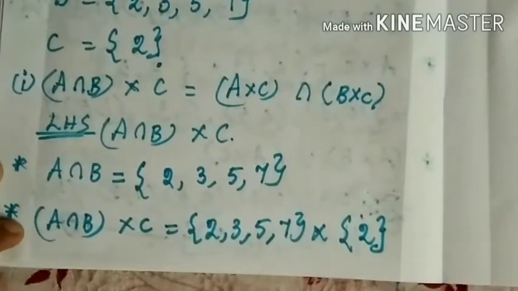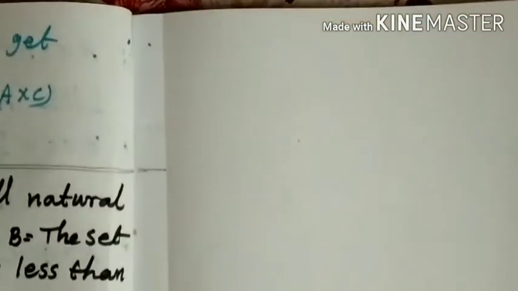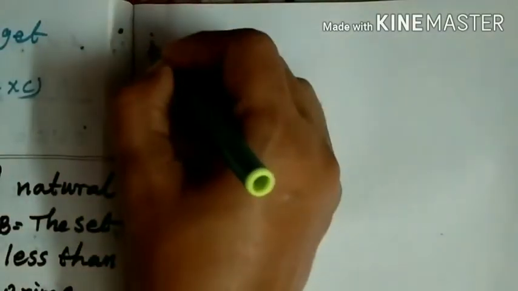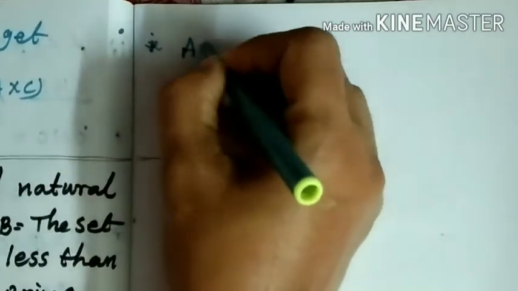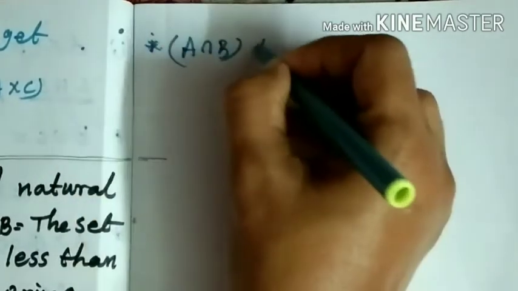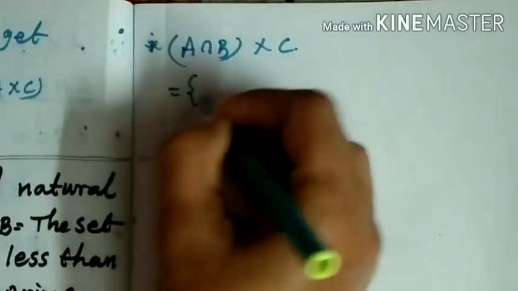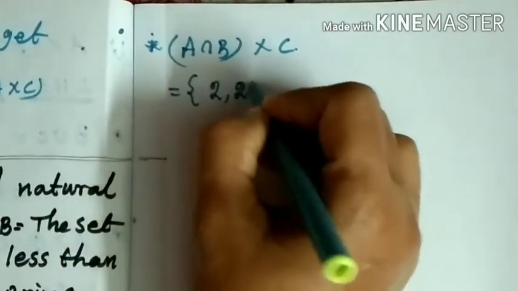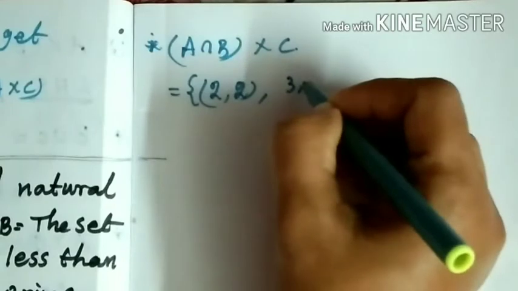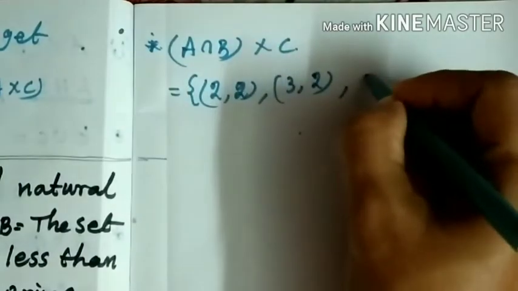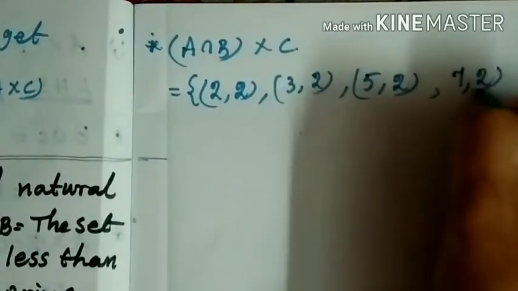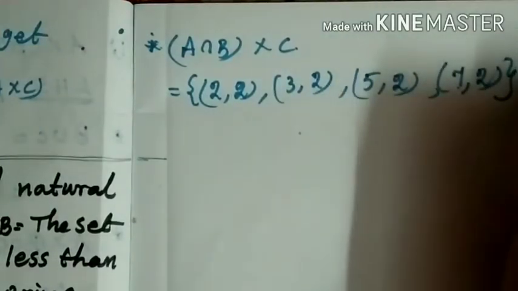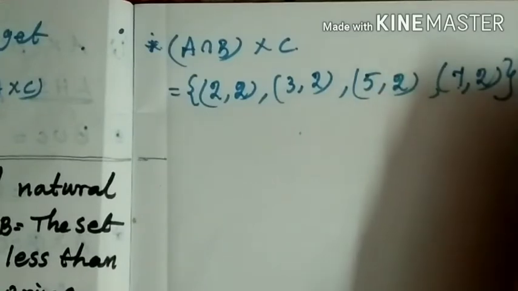Now you find the ordered pairs of (A intersect B) cross C equal to (2, 2), (3, 2), (5, 2) and (7, 2). This is the answer for the left hand side. So you keep this step as 1.